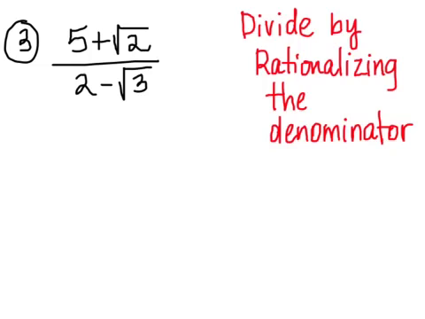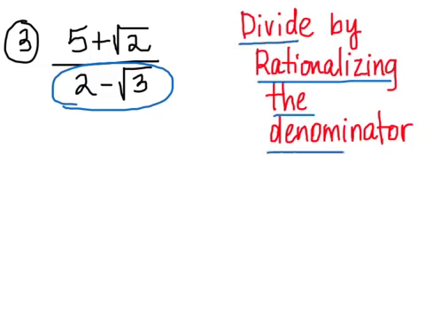Finally, when we divide two rational expressions, oftentimes we can get the bottom, or the denominator, to become a rational number instead of being an irrational binomial. And so oftentimes they'll say the word divide, but really what they mean is rationalize the denominator, because we can't divide any individual terms in this expression.